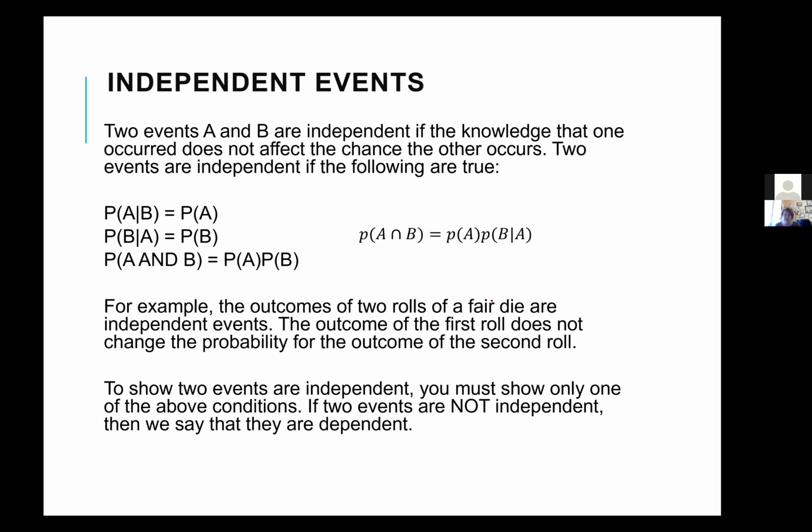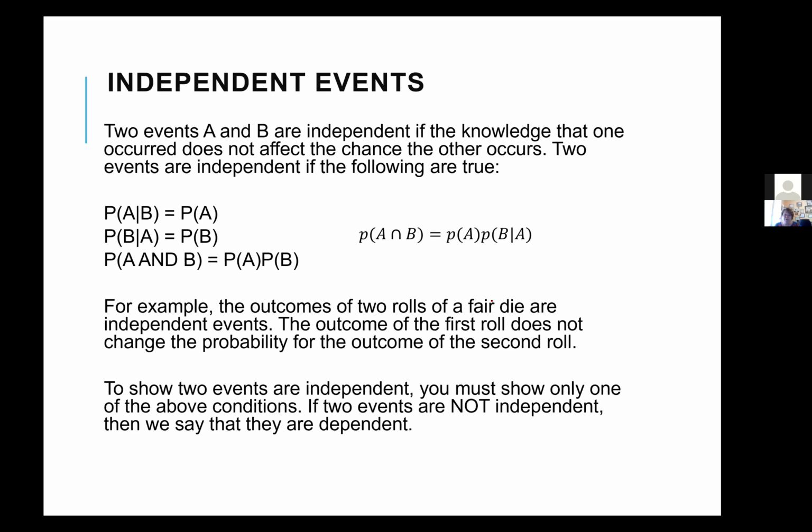If the probability that A occurs given B has already occurred is the probability of A, then these events are independent. If the probability that B occurs, given that A has already occurred, is equal to the probability of B occurring, then these are independent events.